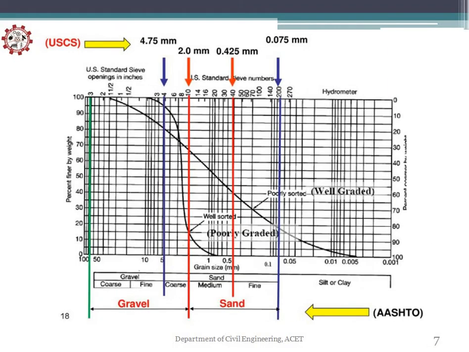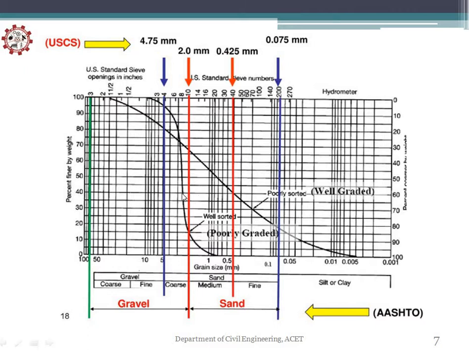In this figure the sieve analysis is given. If this type of curve is there, then it is poorly sorted, that means all types of shapes and sizes of soil are there, and it is a well graded soil.